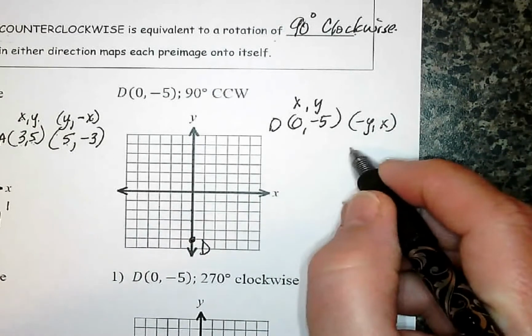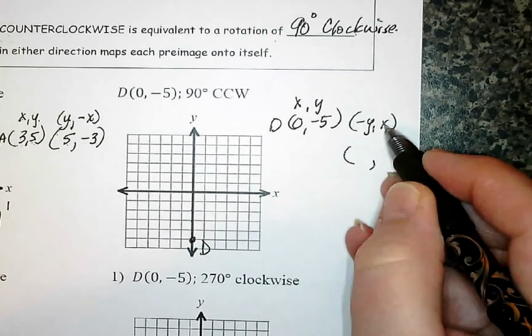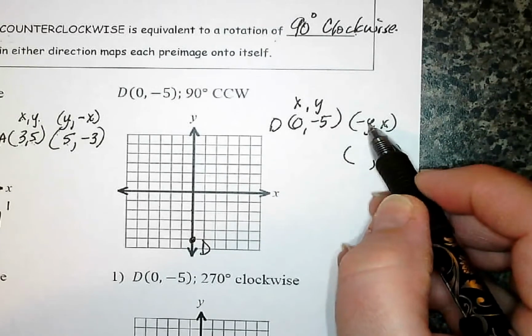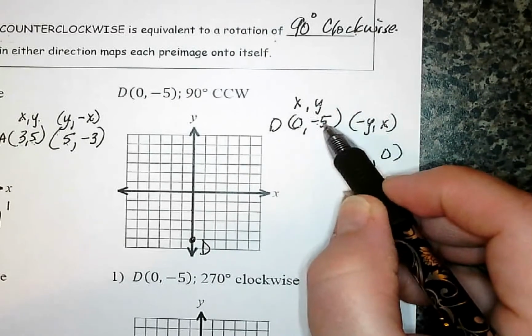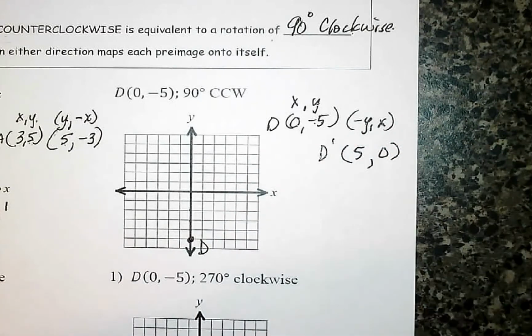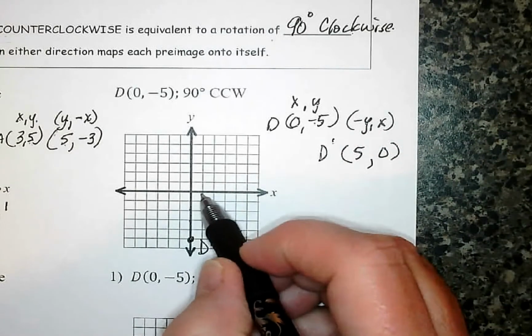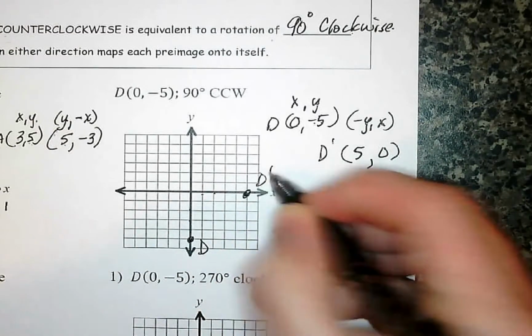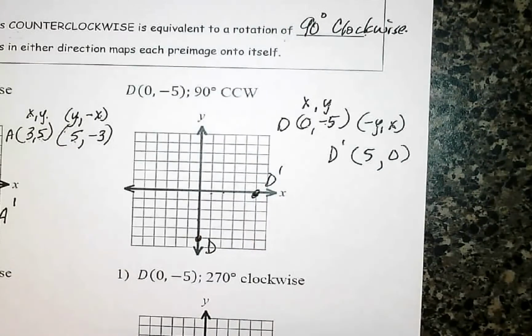You can do it whatever order you want. I'm going to do the X first because that's not going to change. And then this means the opposite of Y. My Y is -5, so the opposite is going to be +5. This is going to be my new point. So that's going to be out here at 5, 0. That's my new D point, D prime.